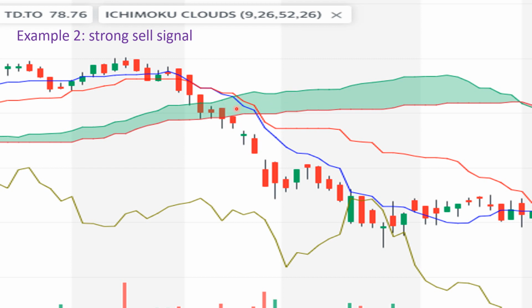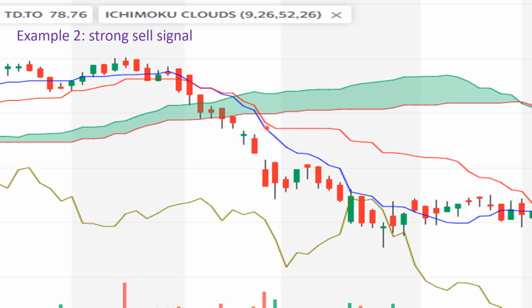Now, another way that we can say we have a strong sell signal is, this is the conversion line, the blue line, is below the baseline, and the price is below the Kumo cloud. So it generates a sell signal.